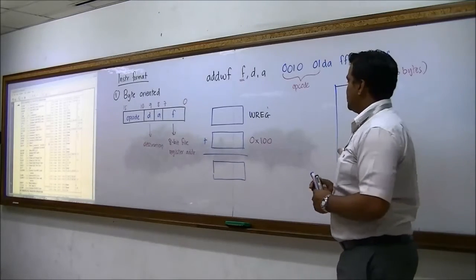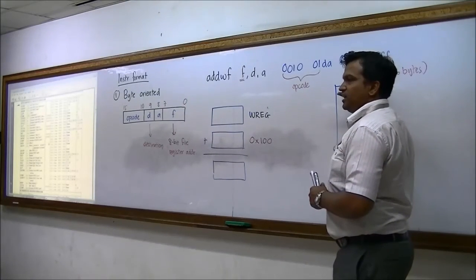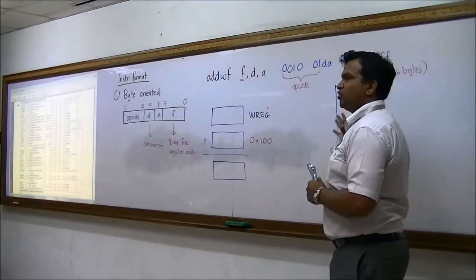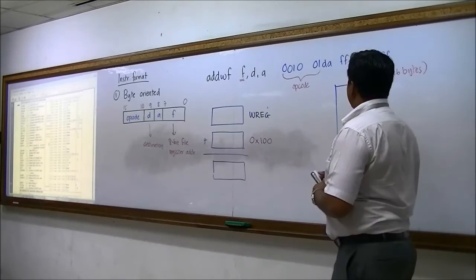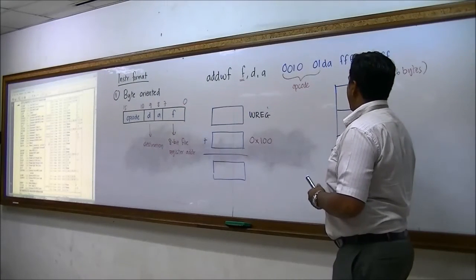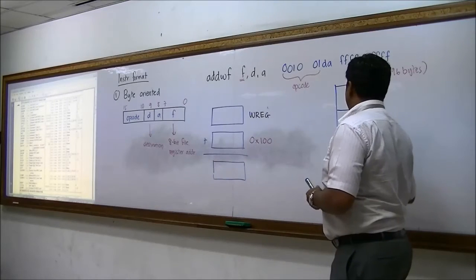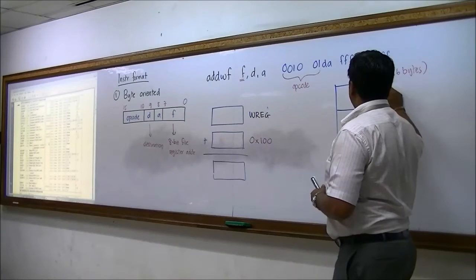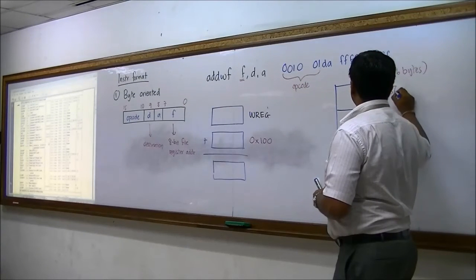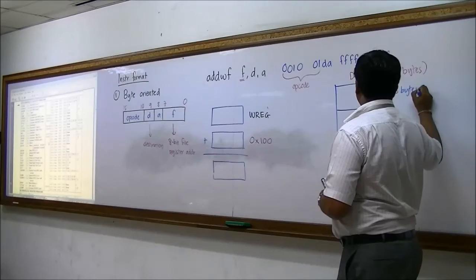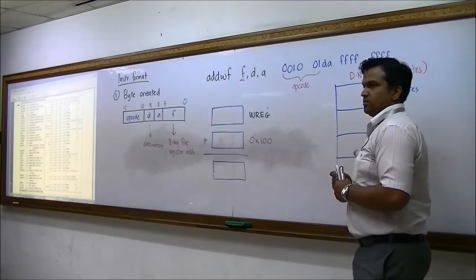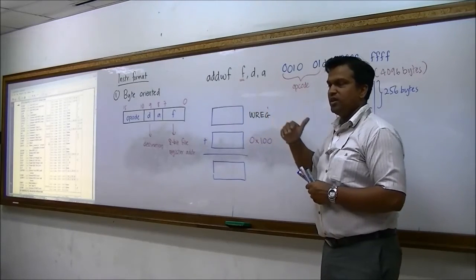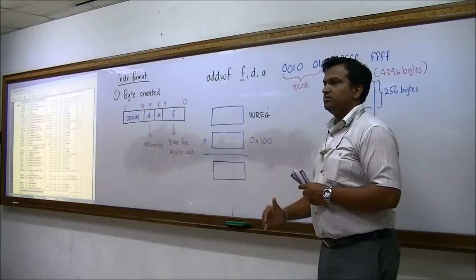So what they did was take the data memory and divide it into groups, and they named these groups banks. Each bank has 256 bytes, which means with 8 bits, you can access 256 locations.